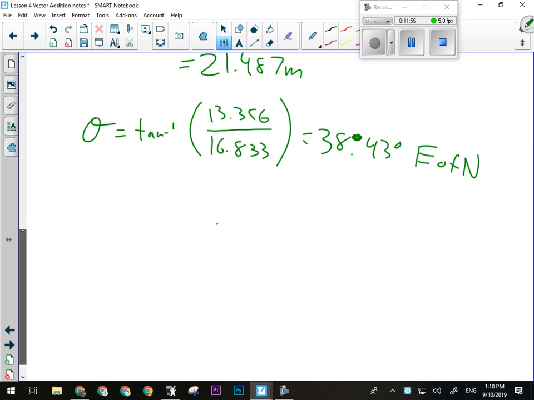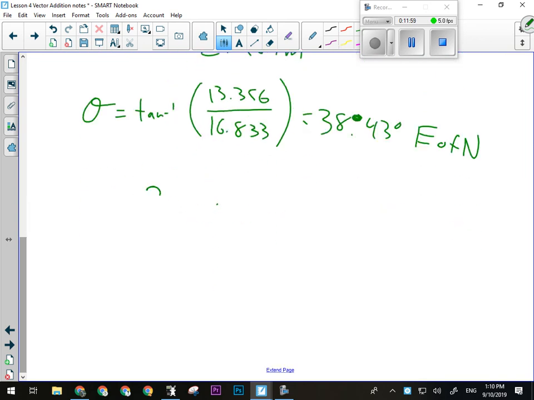So I have to go 2 times 10 to the 1 meters, because that's 21 to 1 significant digit, at 4 times 10 to the 1, that's 40 degrees to 1 significant figure, degrees east of north. I would never have you have a final answer with 1 significant digit, right? Just meaningless. You wouldn't want to do that.